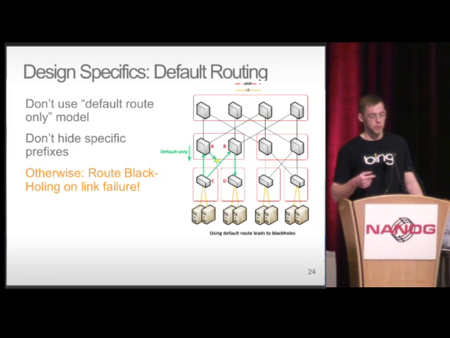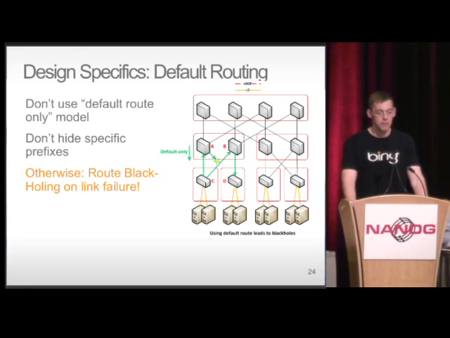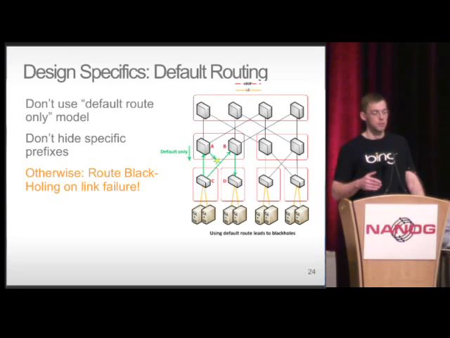The switch C will never know about that and keep sending traffic to both A and B leaf switches. And this will create a black hole for traffic going from switch C to switch D. So the only way to avoid this is by not using summarization from the upper layers to bottom layers.